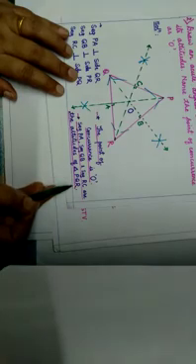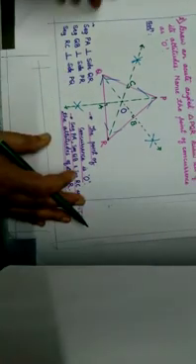The point of concurrence is O. And here segment PA, segment QB and segment RC are the altitudes of triangle PQR. So the first and second questions of practice set 4.1 are solved. In the next video we will solve question number 3.